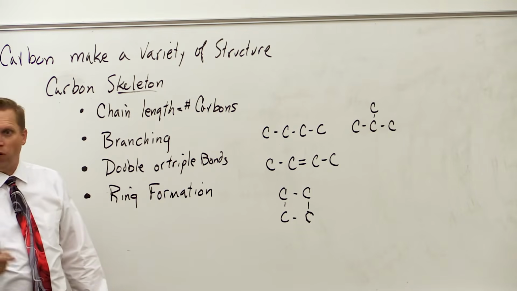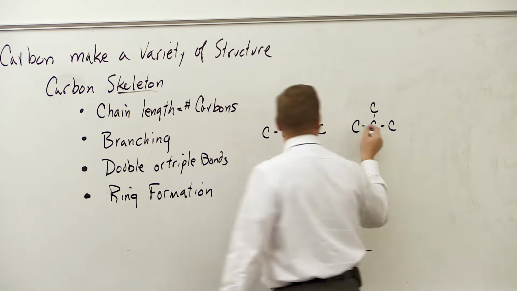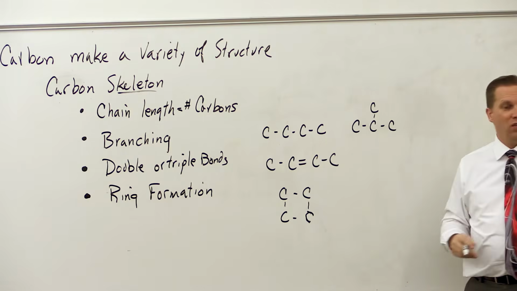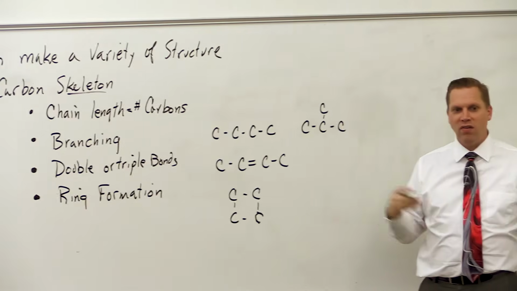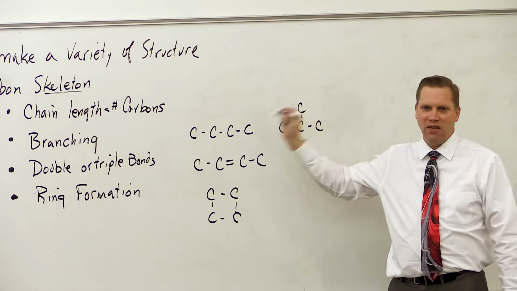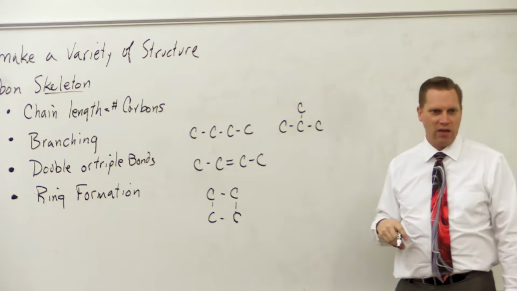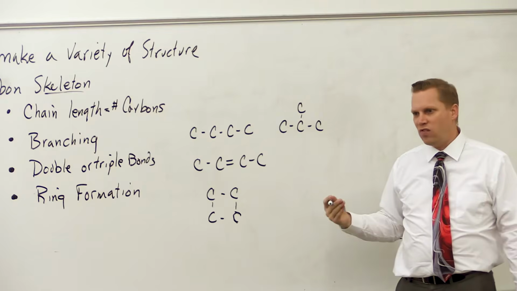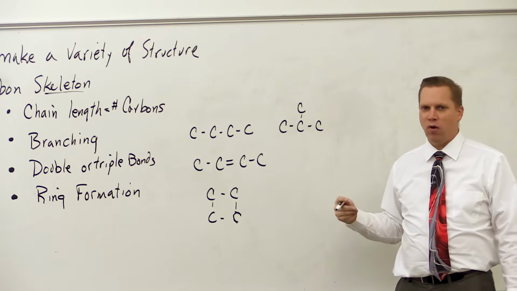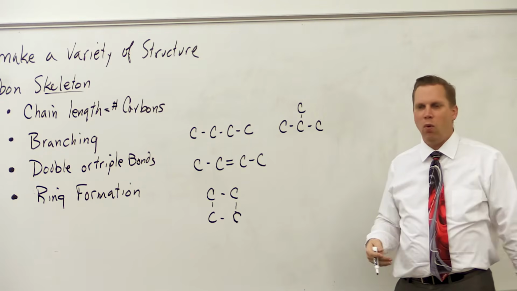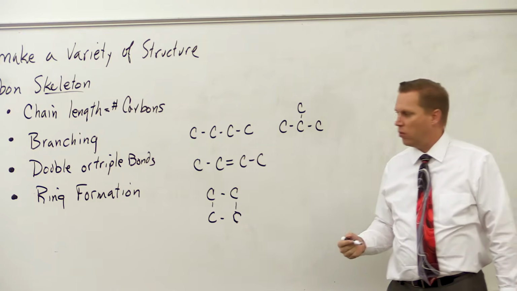Again, just using 4 carbons, you can see that I can have a variety of structures. You start adding more carbons, 5 carbons, 6 carbons, and then I can get even more forms of these different variations. Okay? So just using carbon, because of its 4 bonds, we can get a wide variety of different molecules.